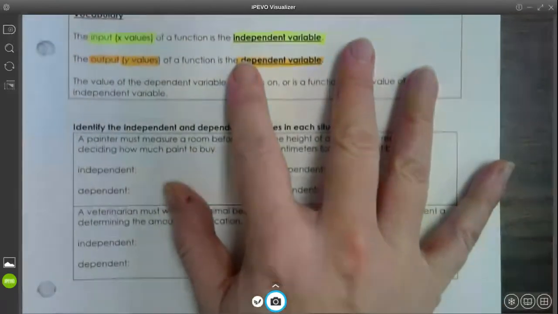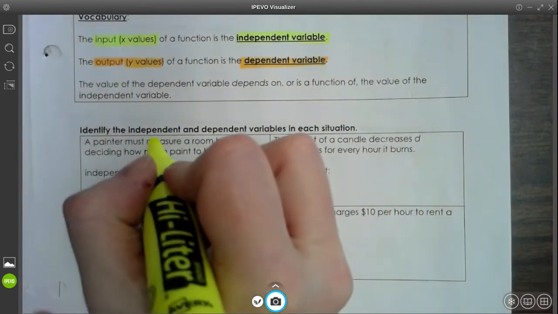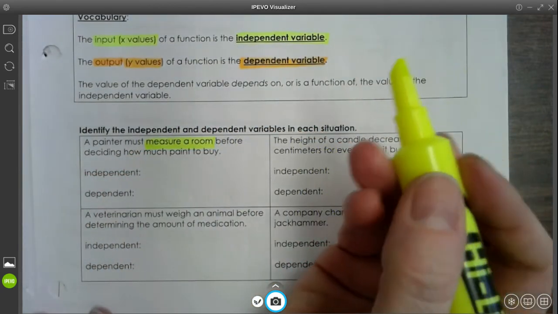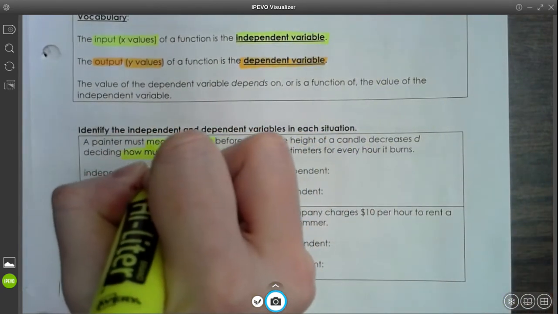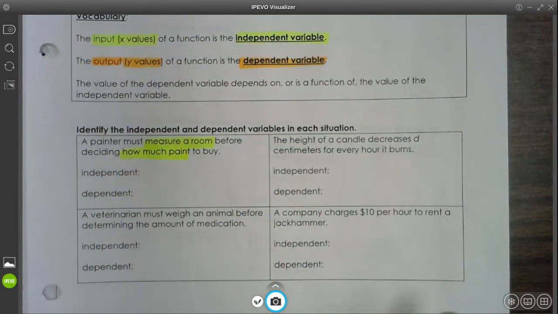Okay, so here it says identify the independent and dependent variables in each situation. So it says a painter must measure a room before deciding how much paint to buy. So what are our two variables? We've got measuring a room, like how big is the room? And he's deciding how much paint to buy. So those are our two variables. How big is the room and how much paint should we buy?